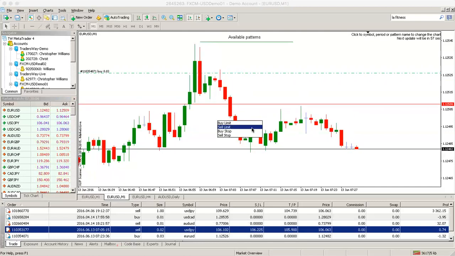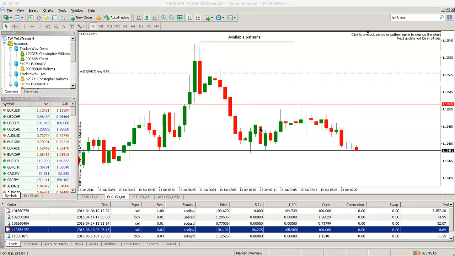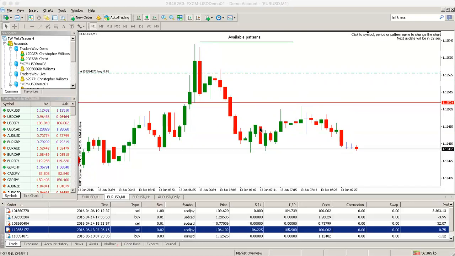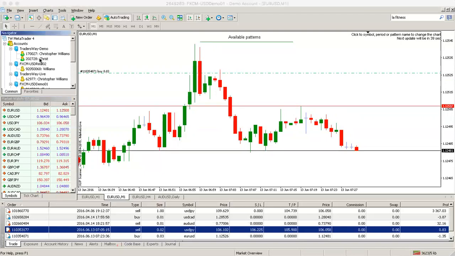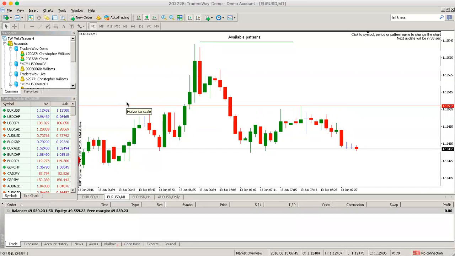Or if it's going for sale, put a sell limit there at the current price. So place the order. Let's do Trader's Way. Like I said, I like them much better as far as the demo side.